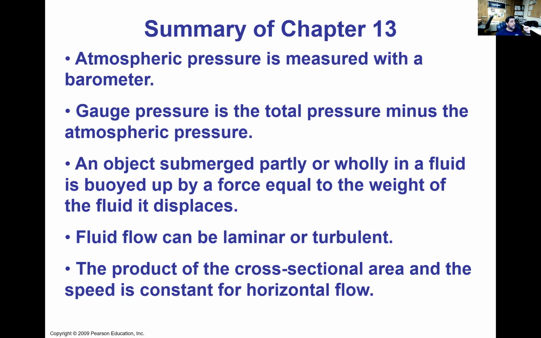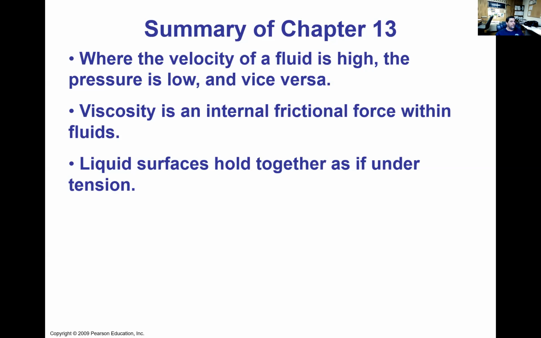Archimedes' principle. Fluid flow can be laminar or turbulent, and the product of cross-sectional area of flow and speed is constant for horizontal flow. That's your flow rate. If you take cross-sectional area times velocity, you end up with cubic units of fluid per time, Q, the flow rate. Where the velocity of a fluid is high, pressure is low, and vice versa.